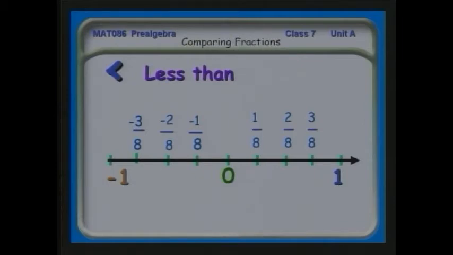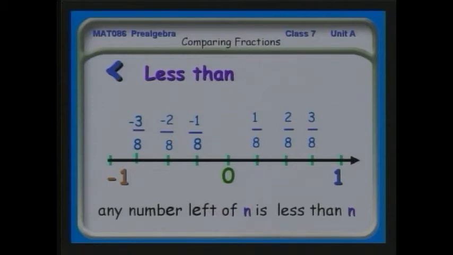Numbers increase to the right, numbers decrease to the left. So I can say that 2/8, 1/4, is less than 3/8. And it's backwards. Remember, the more to the left you go, the less the number is worth. Minus or negative 3/8 is less than negative 2/8.